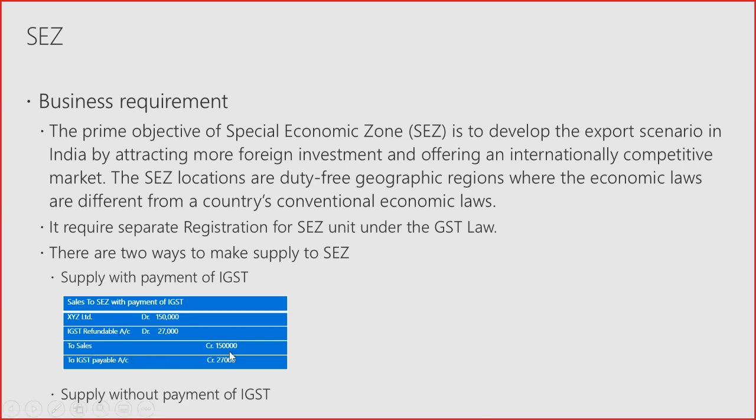And of course, this is the sales account, and the last one is the same as a normal sale, which is IGST payable. So basically, the special thing for selling to SEZ is you should debit a special account called IGST refundable account.